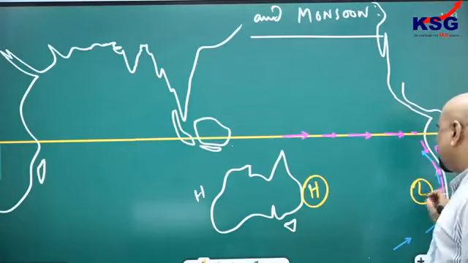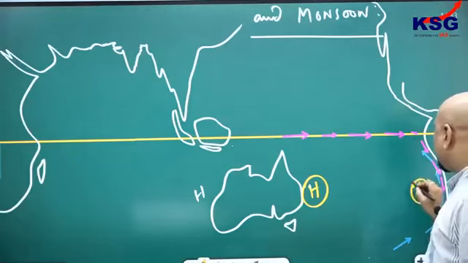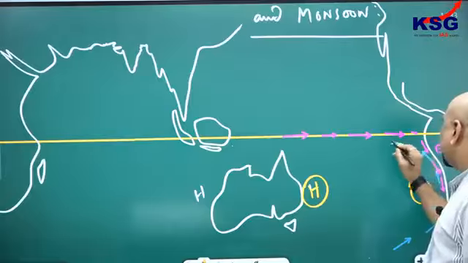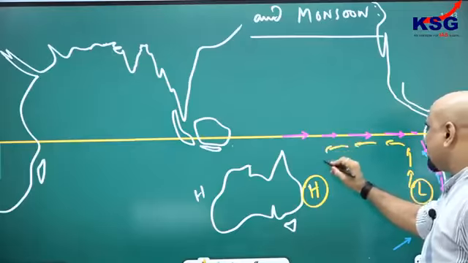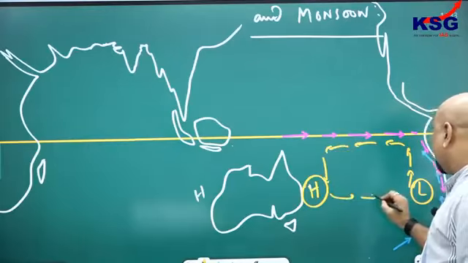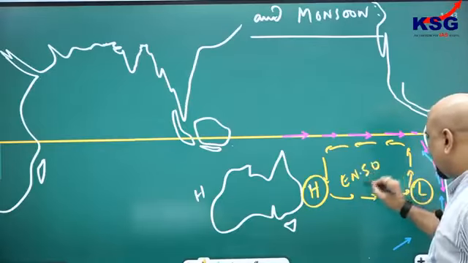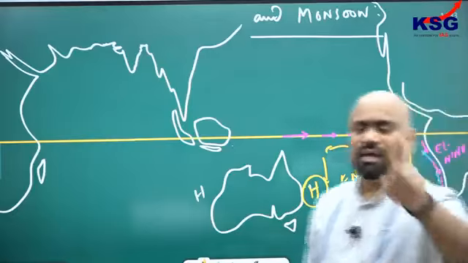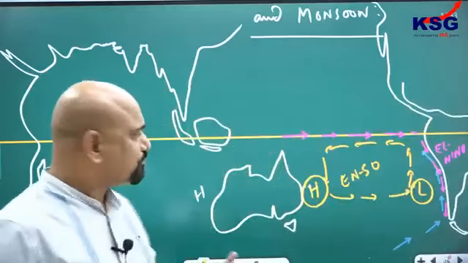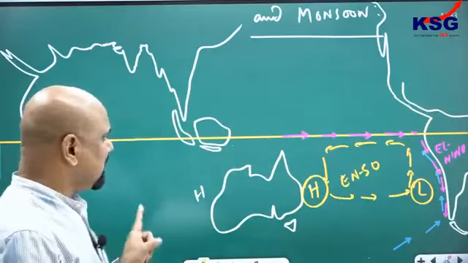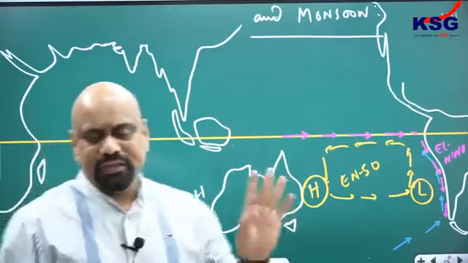Warming up leads to low pressure this side, and this may lead to the formation of convectional instability, and the wind will blow in this way. This is known as El Nino Southern Oscillation. ENSO बोलते हैं इसको. You got it? Is it clear to all of you?